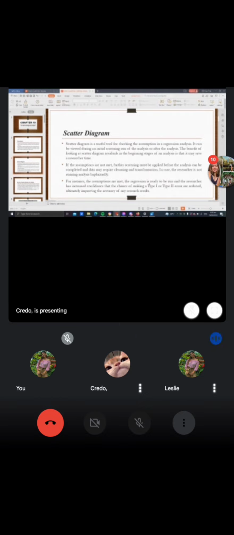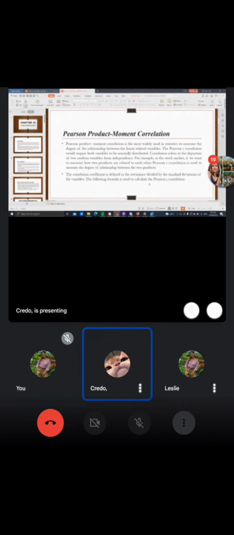The next is the Pearson product moment correlation. The Pearson product moment correlation is the most widely used in statistics to measure the degree of correlation between linearly related variables. The Pearson r correlation requires both variables to be normally distributed.